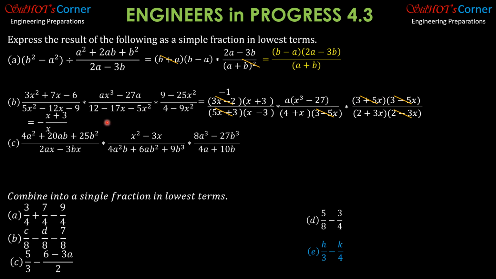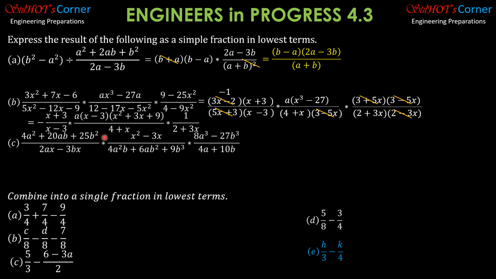So equals negative of x plus 3 over x minus 3, then a times a, then quantity x minus 3, then times x squared plus 3x plus 9 over 4 plus x, or x plus 4. Then here times 1 over 2 plus 3x.